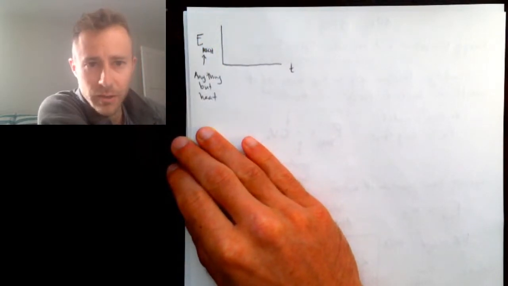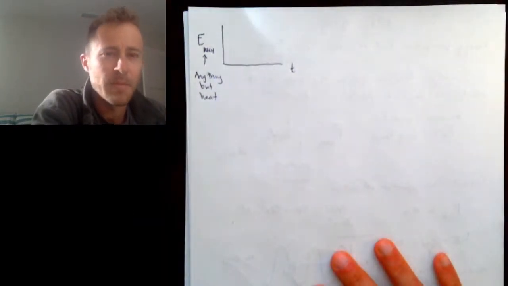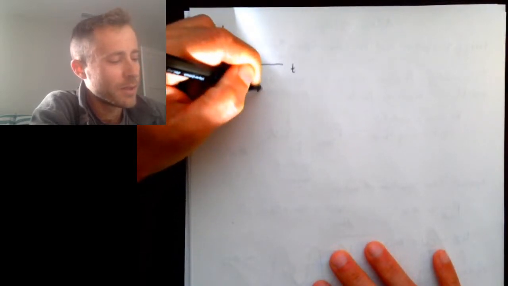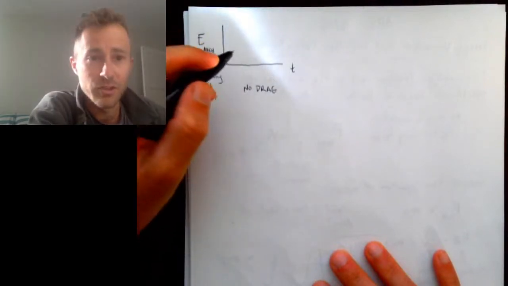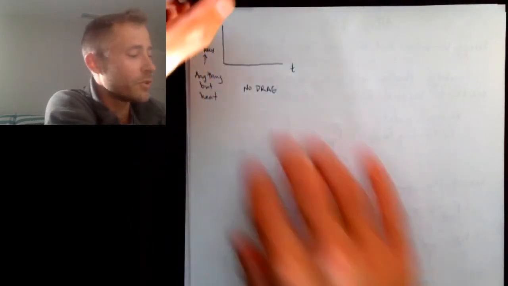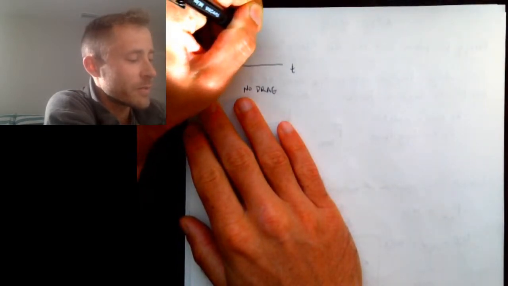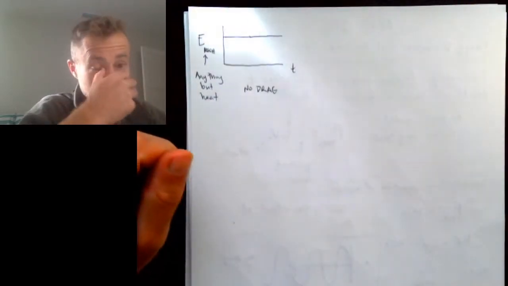Mechanical energy does not include heat. And so if you have no drag, the mechanical energy as time goes on is just a constant, right? So your graph of mechanical energy versus time is just going to look completely flat.